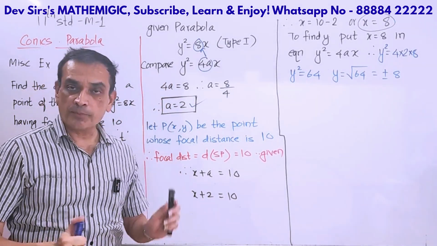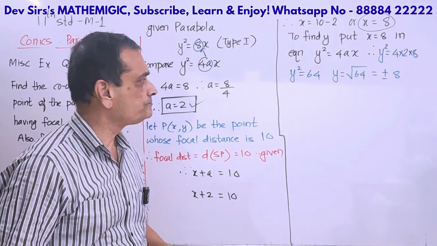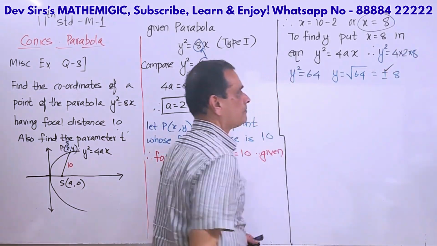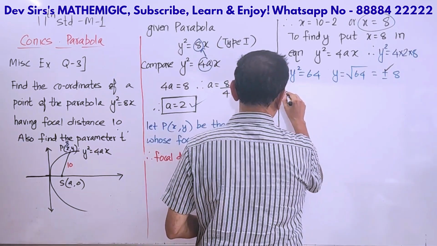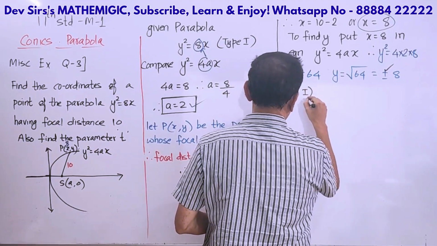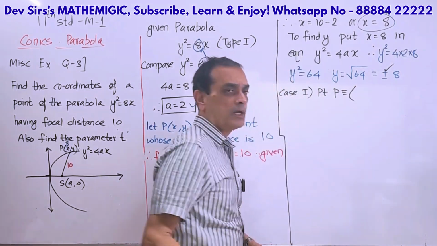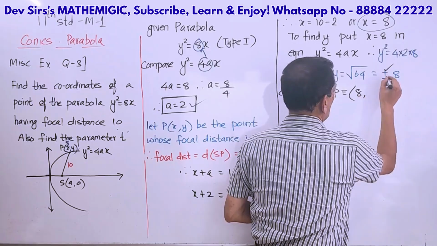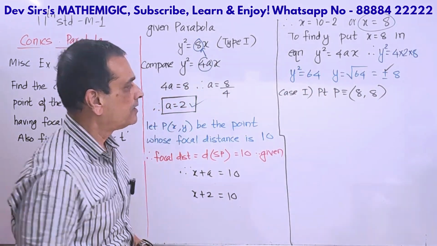Now, how do you write plus or minus? Simple thing. First select plus 8. So we get two answers. Case 1, point P corresponds to x is 8, y is also 8. Very simple stuff.